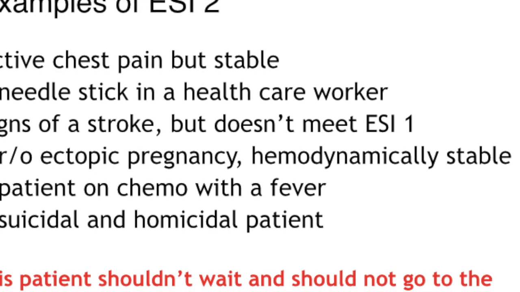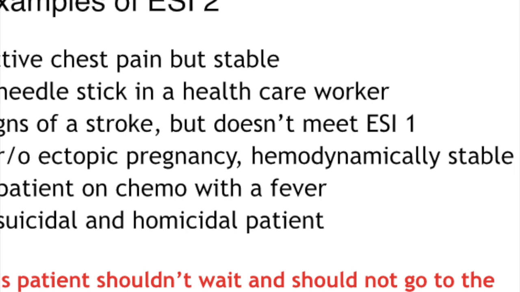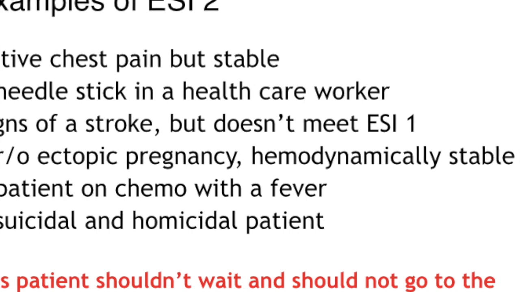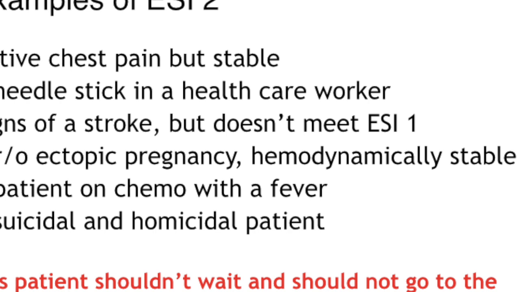A patient that's on chemo with a fever is immunosuppressed, and they really should not go into the waiting room for the mere fact that they will be exposed to everybody out there and can get much sicker. A patient who is showing signs or has verbalized that they are suicidal or homicidal is not safe to go into the waiting room. They need to be put into a room where they can be safe. And perhaps if they are needing medication, that needs to be done as soon as possible.